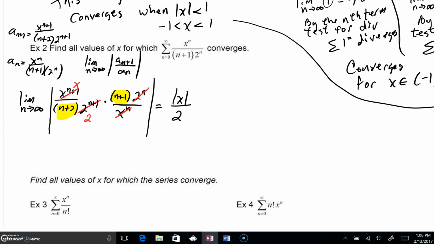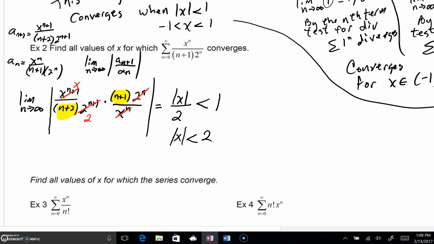Yes. When does this converge, though? By the ratio test, this converges when we are what? Less than 1. Always. Ratio test says your limit, when it's less than 1, you will converge. Hey, I'm going to solve this thing. I'm going to multiply both sides by 2.